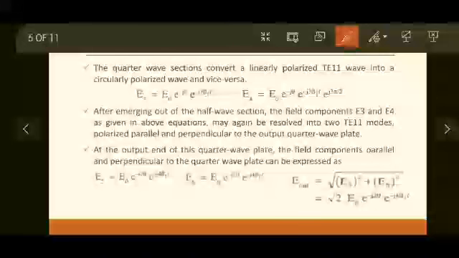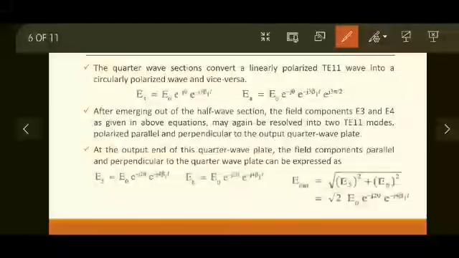Okay, now these quarter wave sections convert linearly polarized waves into circularly polarized waves and vice versa. So if the input is linearly polarized, it will be converted into circularly polarized because of the rectangular to circular transition, and if they are incoming with circular polarization, they will be converted into linear polarization.